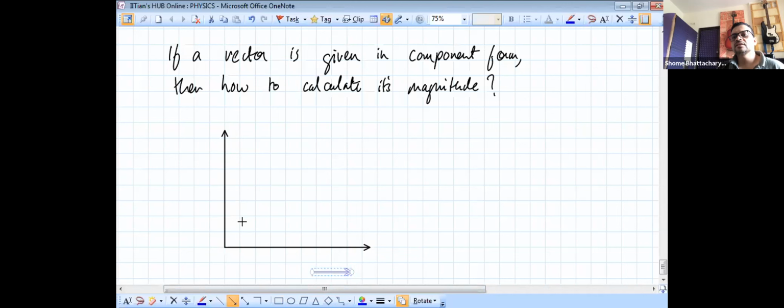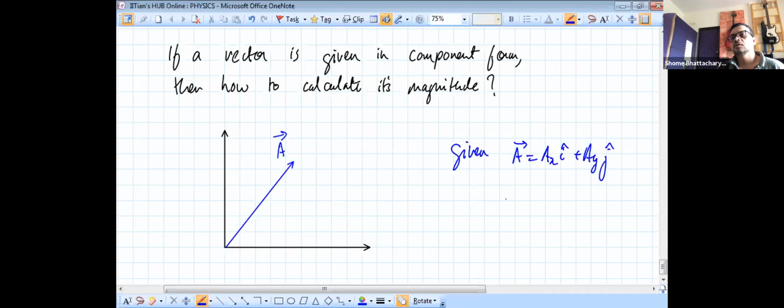Now given any vector in component form, the magnitude of the vector will become how much?